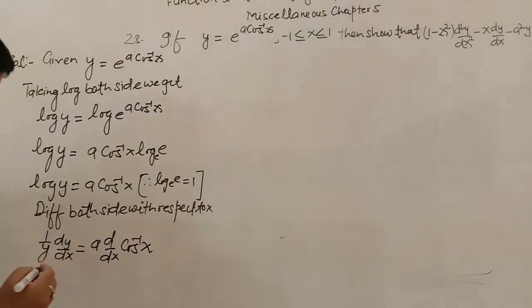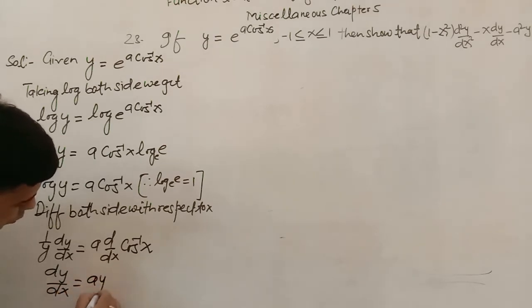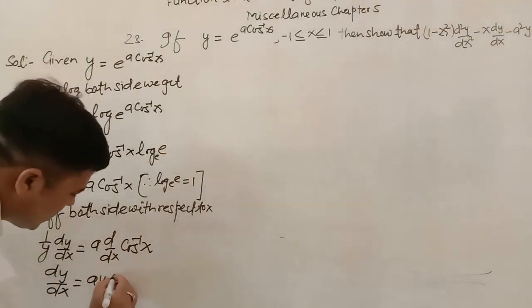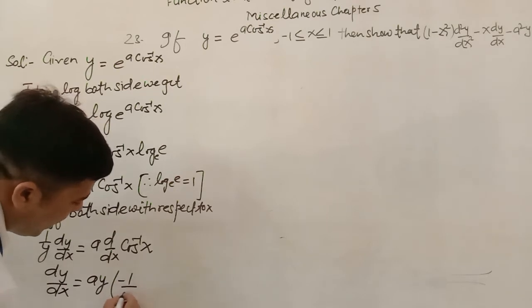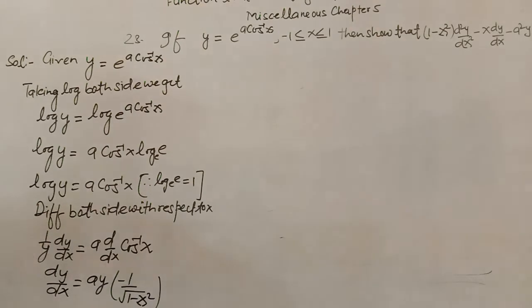This can be written as dy upon dx is equal to a into y, and the derivative of cos inverse x gives you -1 upon under root 1 minus x square.